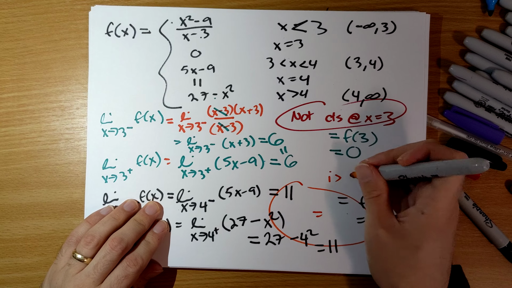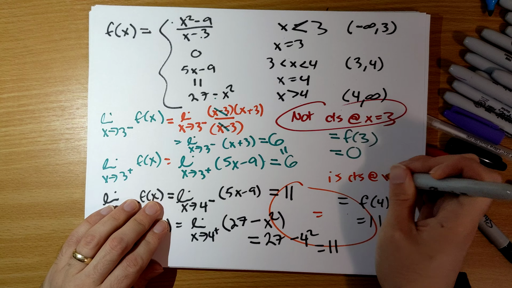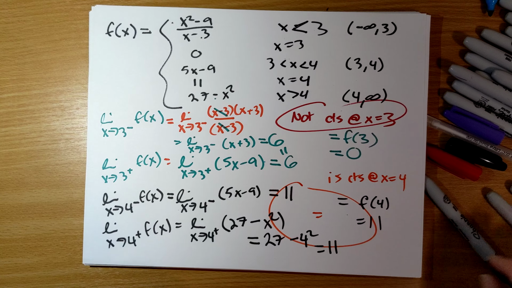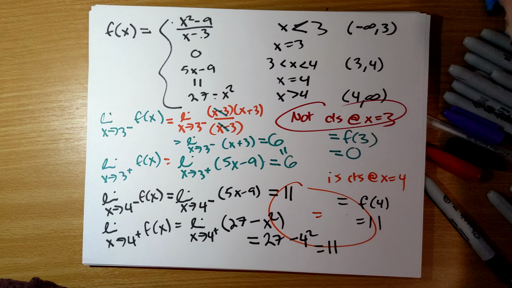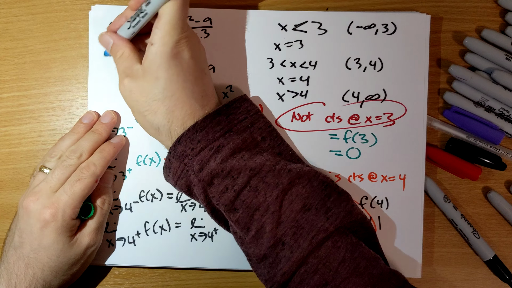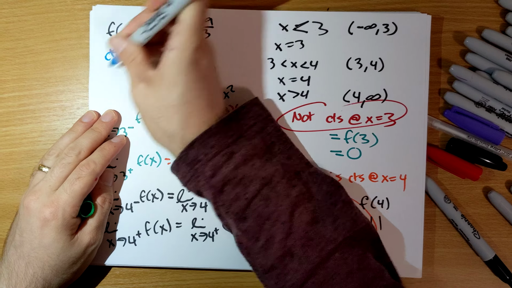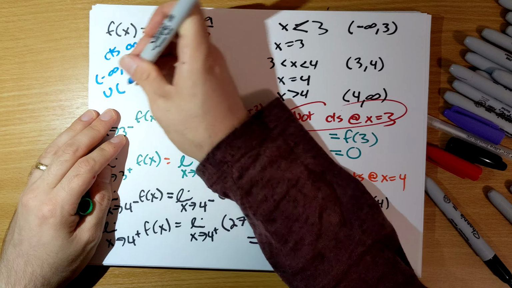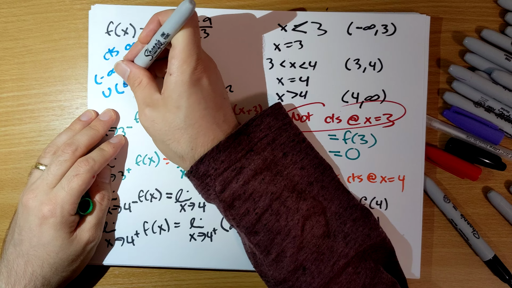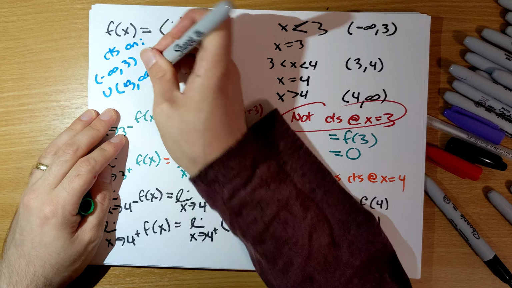So this is continuous at x equal to 4. So the only place that our function is not continuous is x equal to 3, so it's continuous on the interval from negative infinity to 3, union 3 to infinity.